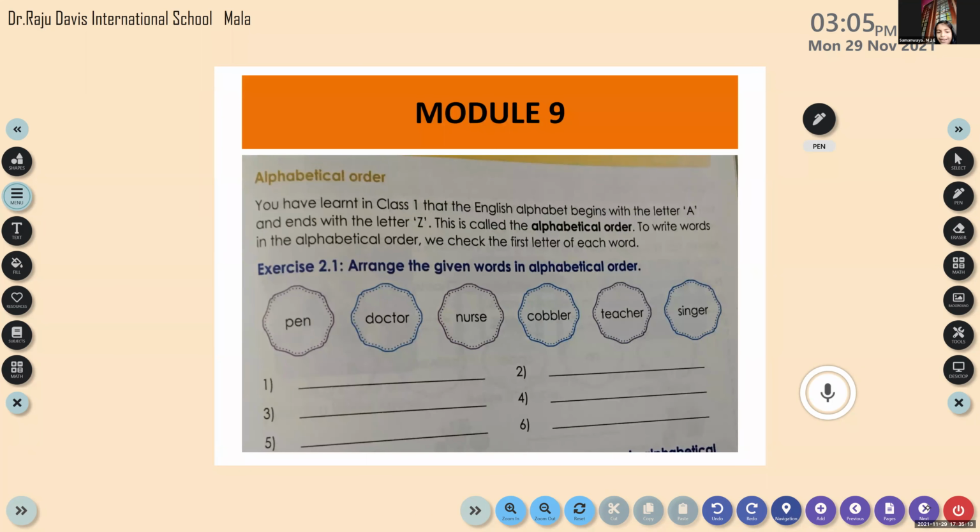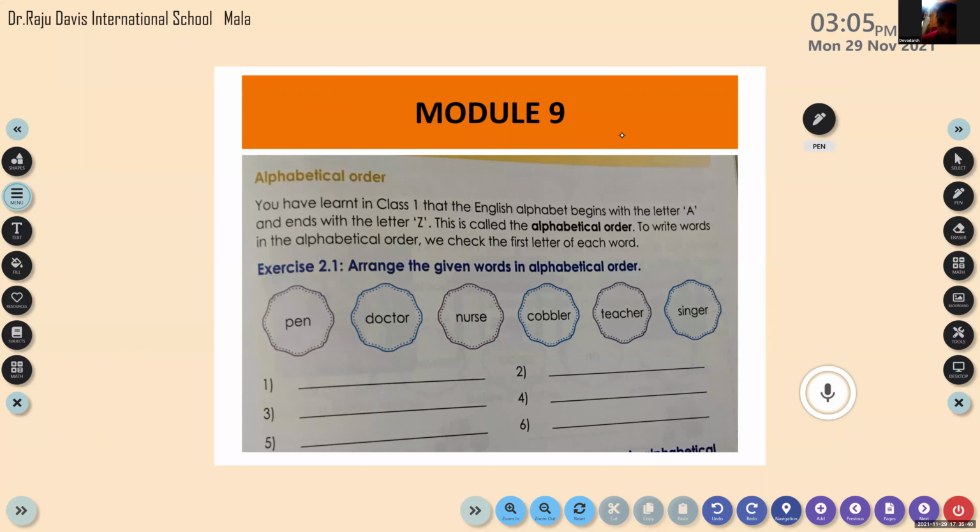A, B, C, D. There are 26 letters in the English alphabet. How many letters are there? Yes, there are 26 letters in the English alphabet.